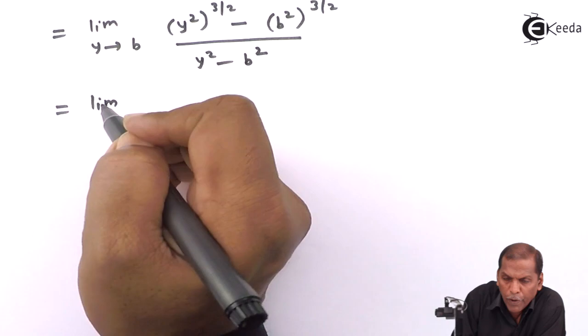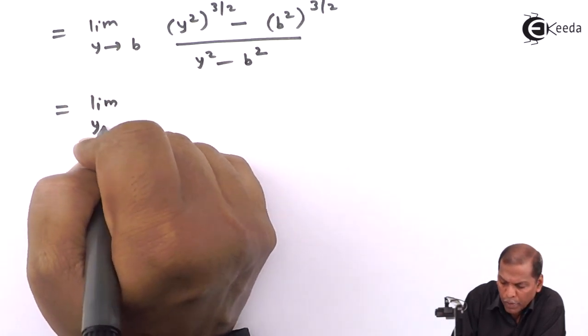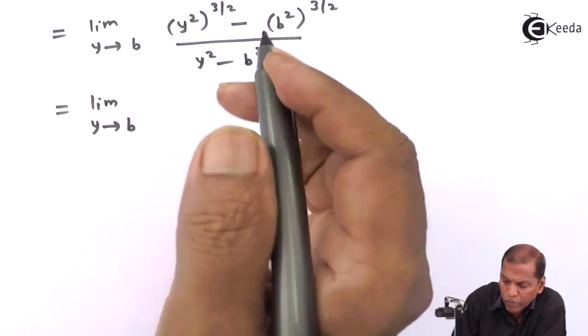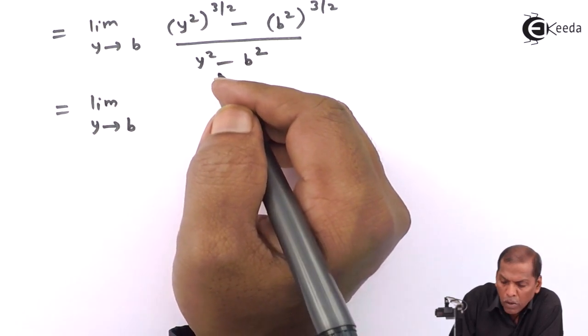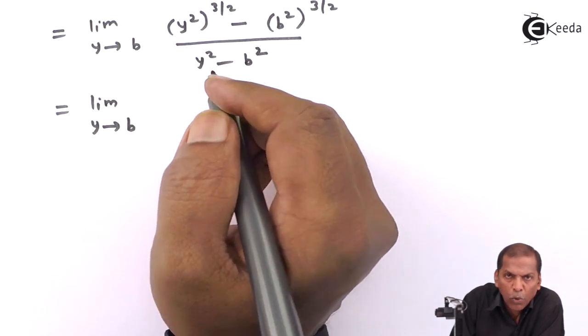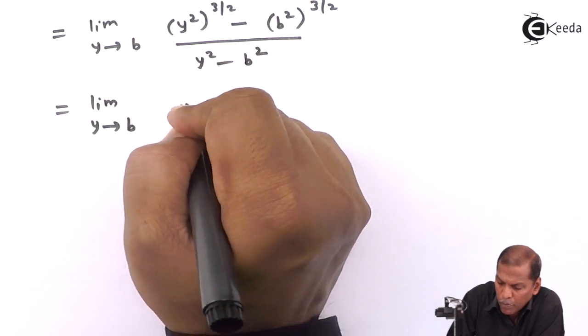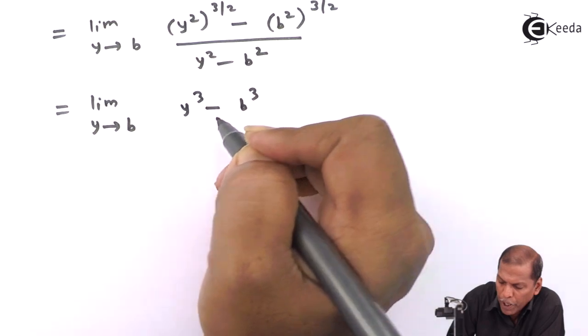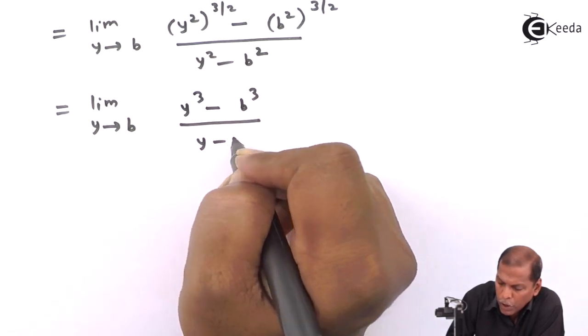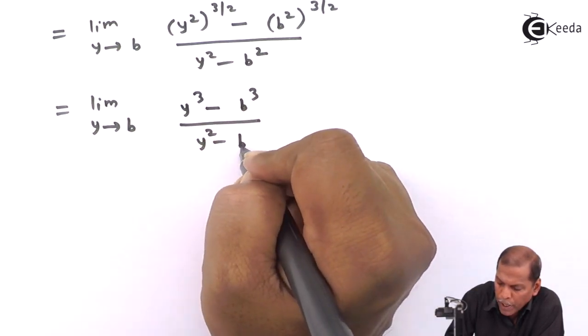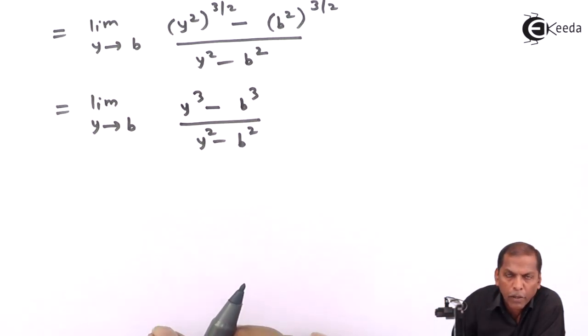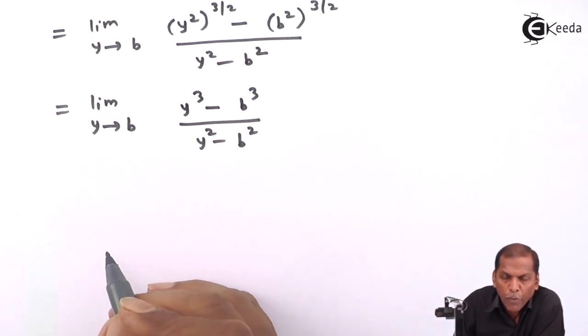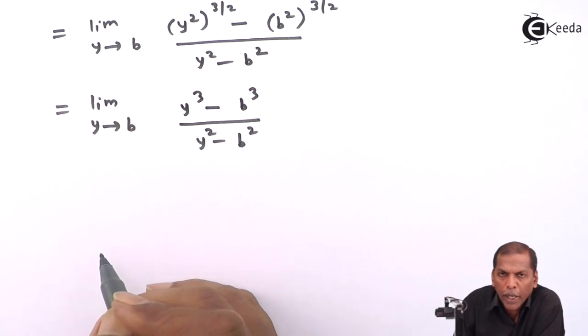On further simplifying, we get limit y tends to b. Now here we cancel 2 from the power, so we get y cube minus b cube whole thing divided by y square minus b square. Now to get the formula, we have to divide numerator and denominator by the term y minus b.